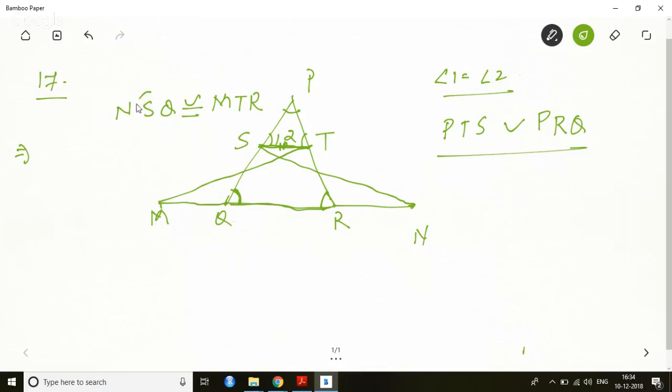It has been told that S is congruent with T. So it means that angle SQR is equal to angle MTR. So, sorry, not this angle and this angle are equal. Now try to understand.